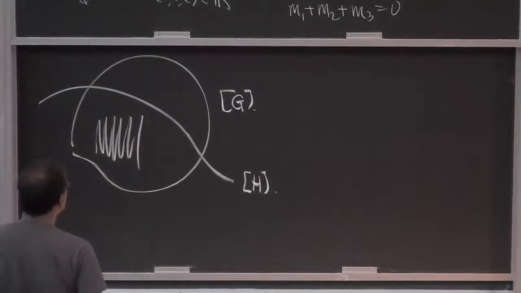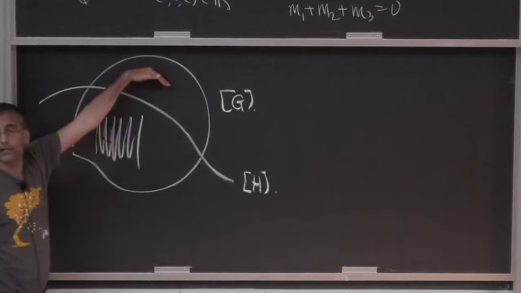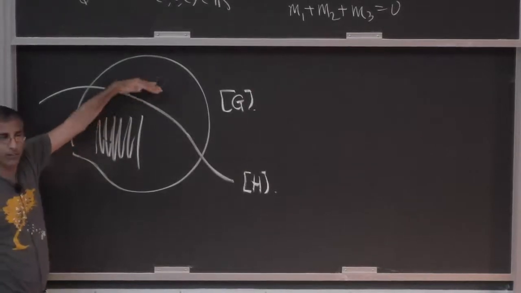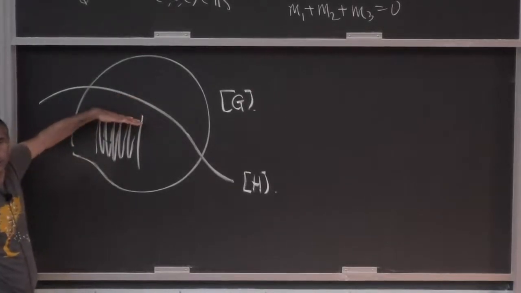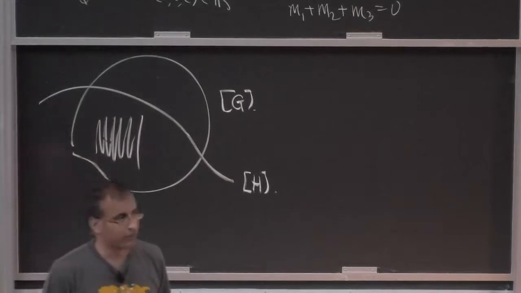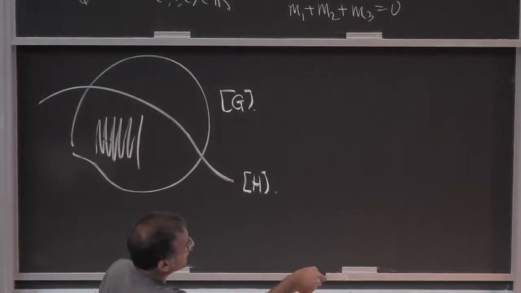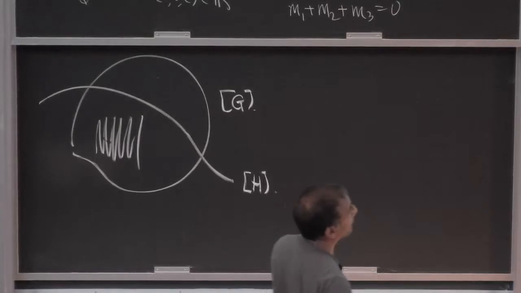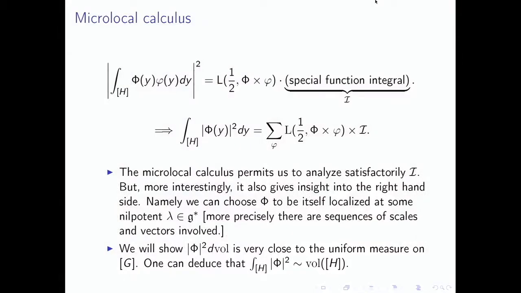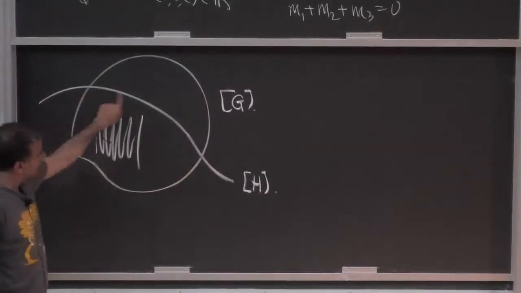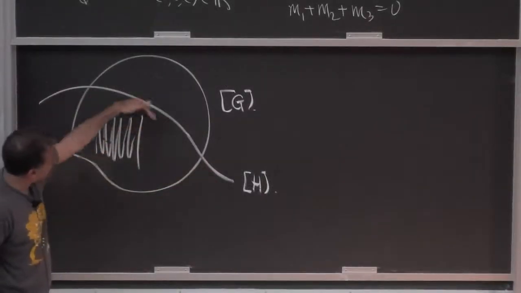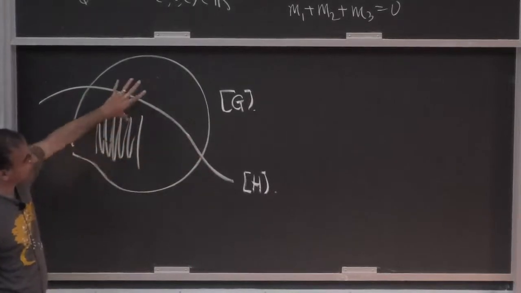I'm going to show this function is roughly uniformly distributed on the big space, meaning roughly speaking that its amplitude is approximately constant. And the formal way to say that is the measure that it defines is very close to the uniform measure. Again, the rigorous version of that is there's a sequence, and you're saying that in the limit, it becomes equal to uniform measure. Now, at first it looks like that's not enough because this is some sort of measure 0 subsets, and you can't really deduce any information.